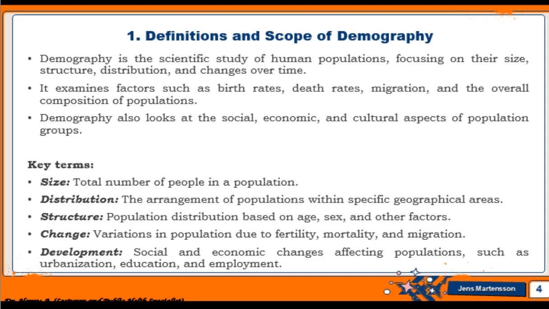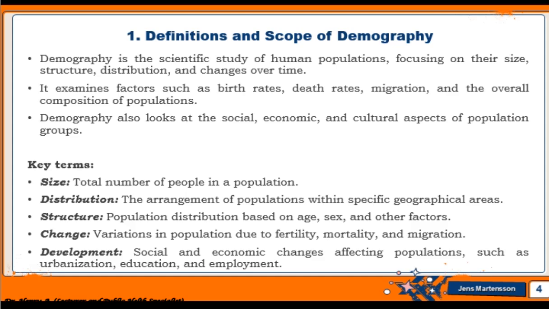Now, when resources need to be distributed, population distribution needs to be looked into so that we know to what quantity, to what volume each area needs to get within a particular set of population.